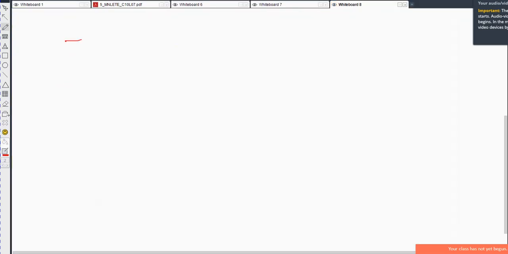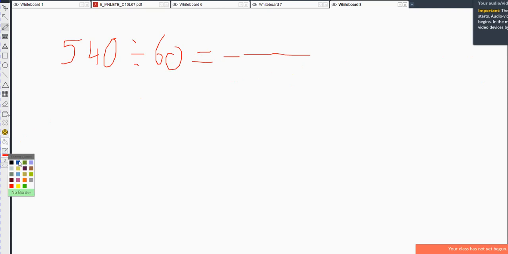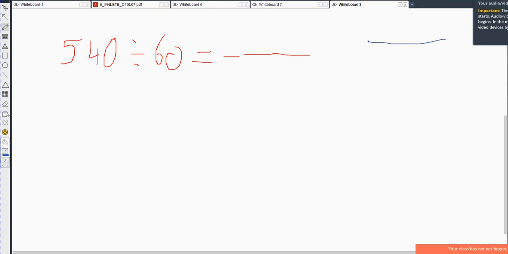540 divided by 60 equals what? So make it as a long division. 540 divided by 60. We have how many digits here? We have 3, so put 3 dashes up. 5 divided by 60 can't be.